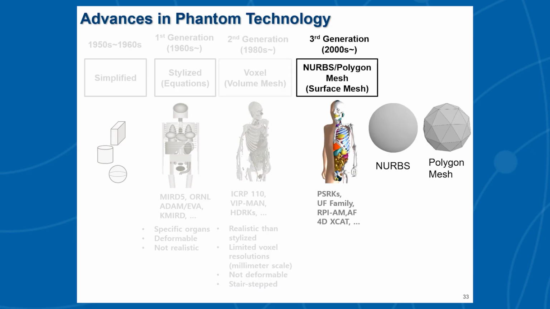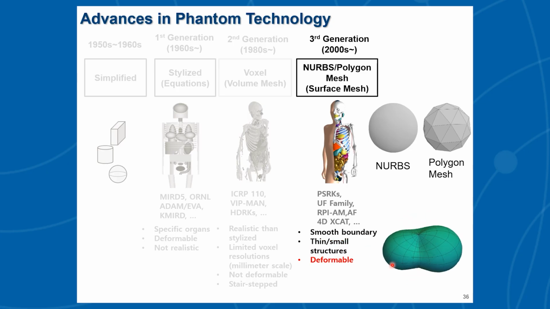So to address the limitations of the voxel phantoms, from the 2000s, the NURBS or polygon mesh based surface phantoms are considered the third generation. These surface phantoms show a smooth boundary and can also model very thin and small structures, because the surface model is very flexible and even highly deformable, so we can change the geometry as we wish.